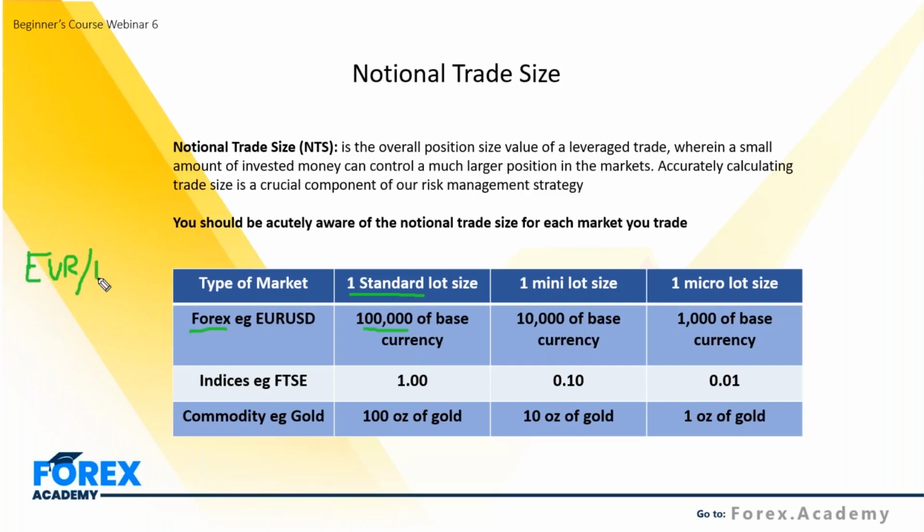100,000 of base currency is effectively the one standard lot. So again, I'll use a more common approach with the euro US dollar here. We're trading a one lot of euro US dollar. The first currency, the euro, is the base currency.